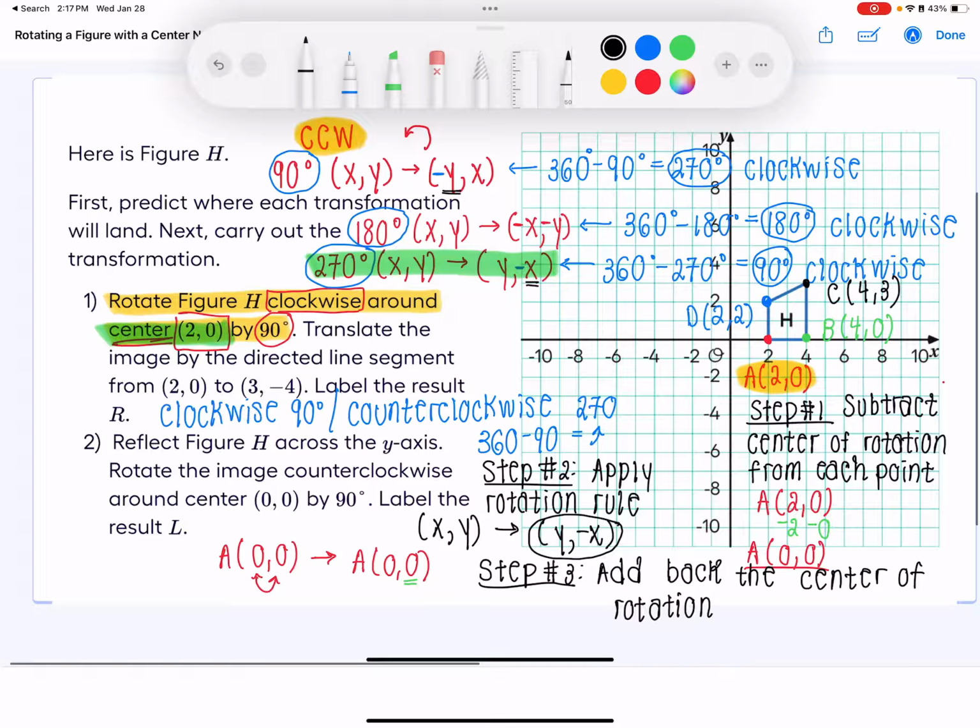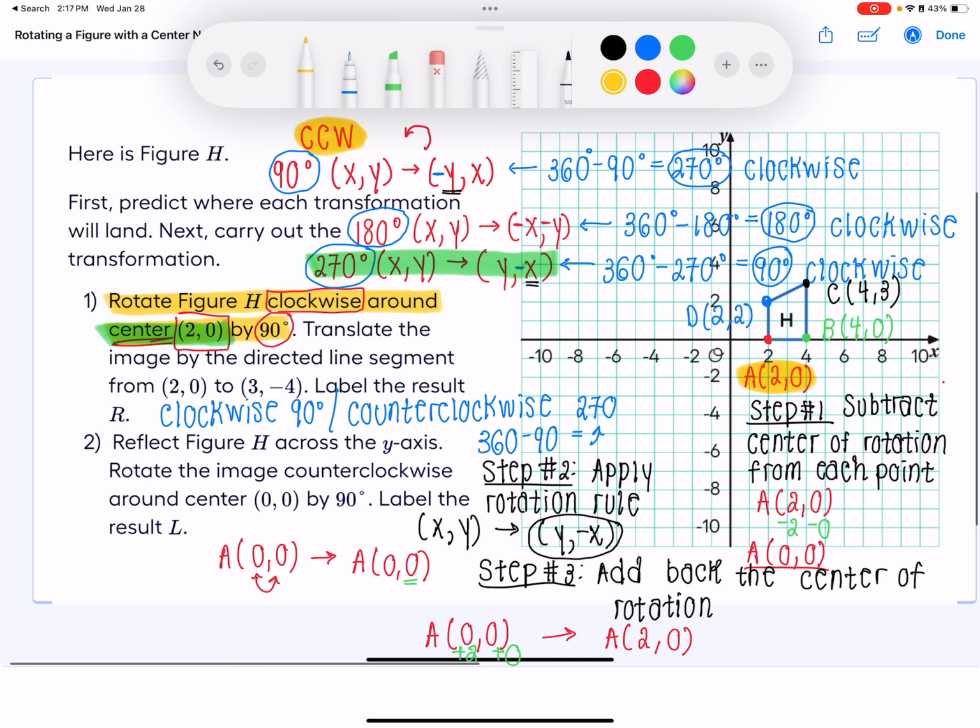All right, so we're going to take A, which is now at 0, 0 at the origin now. And what we're going to do is add back the 2 and the 0. So I'm writing right underneath it. And that gives us A at 2, 0.